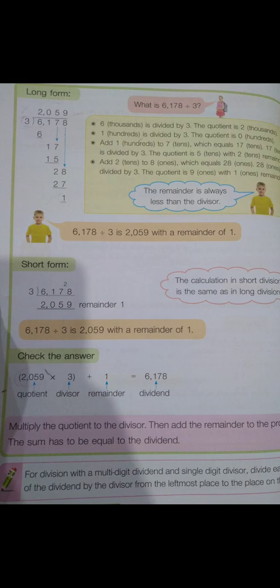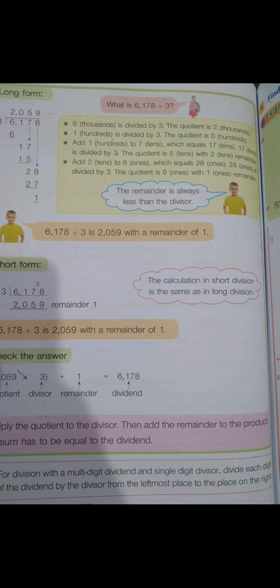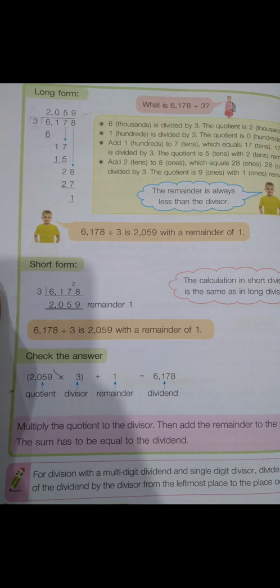Multiply the quotient by the divisor, then add the remainder to the product. The sum has to be equal to the dividend.